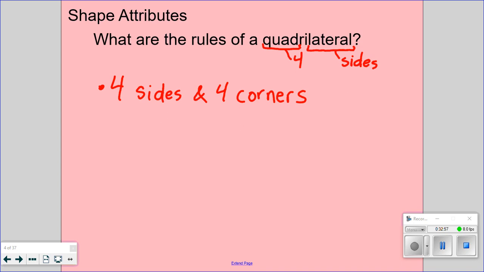We sorted things that did have 4 sides and 4 corners. Were there any other rules? Think about what we had a rule for in our triangle.